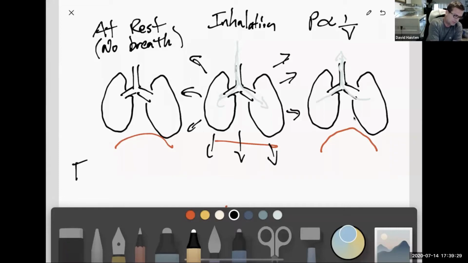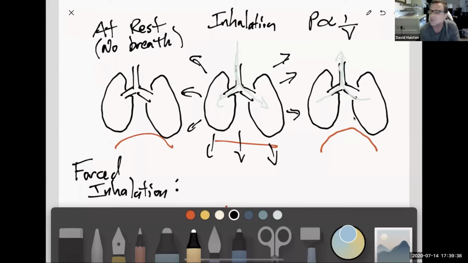So for forced inhalation, additional muscles are going to expand the volume of the thoracic cage. Additional muscles contract.